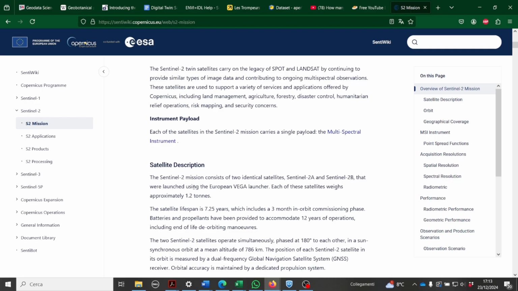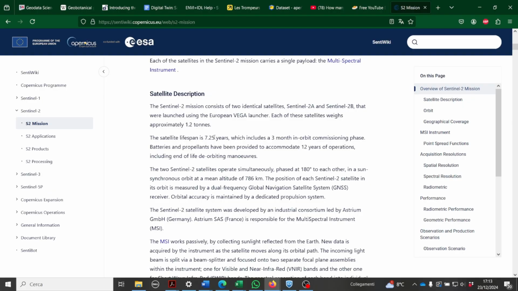They were launched using the European Vega launcher, and these couple of satellites have a lifespan of around 7 years, but all the batteries and propellants have been provided to accommodate at least 12 years of operation.